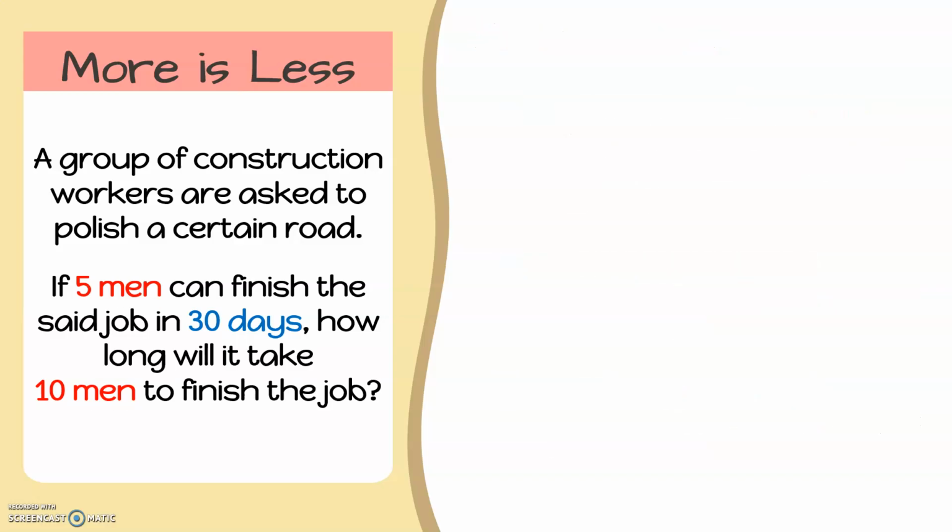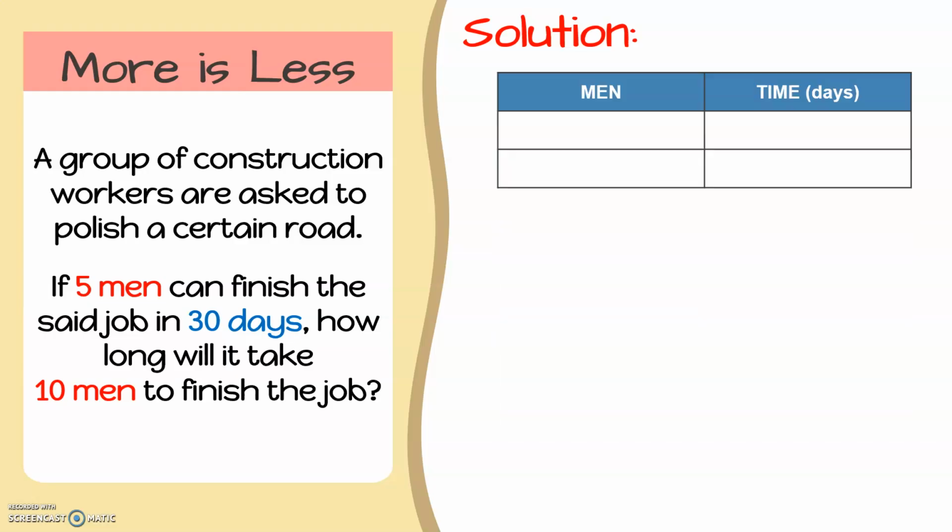Now, how will we solve this problem using inverse proportion? Just like in direct proportion, it will be easier for us to identify the relationship between the quantities if we will put them in a table like this one. So we have the number of men and the time or the number of days it will take them to finish the job.